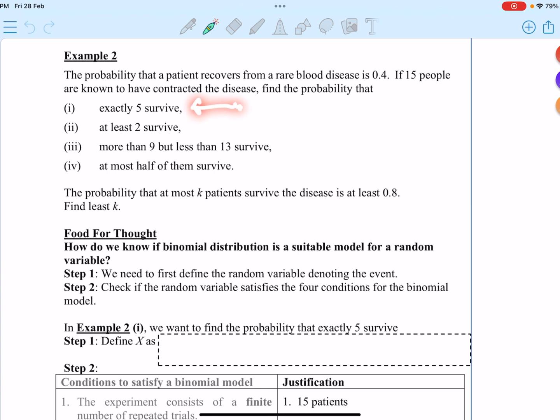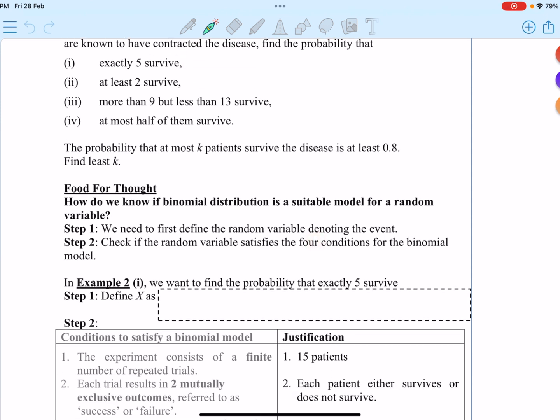Right, so for us to find the probability, we need to determine what distribution this follows. So we look at this part here. How do you know if binomial distribution is a suitable model for a random variable? For you to solve this question, you need to first do two things.